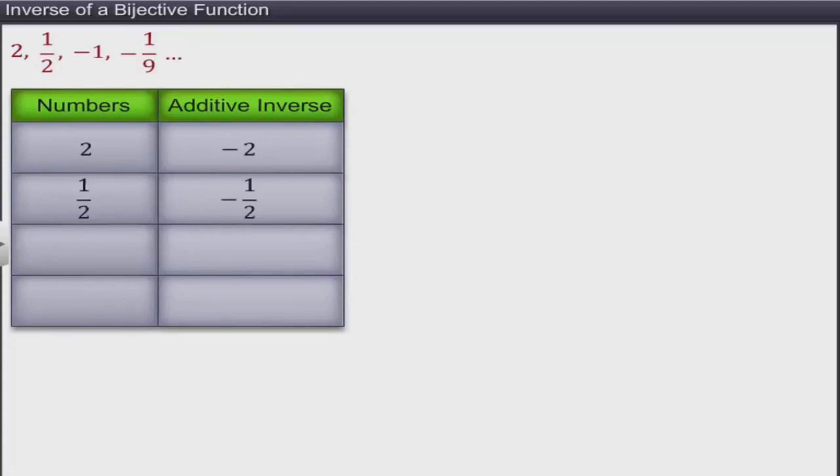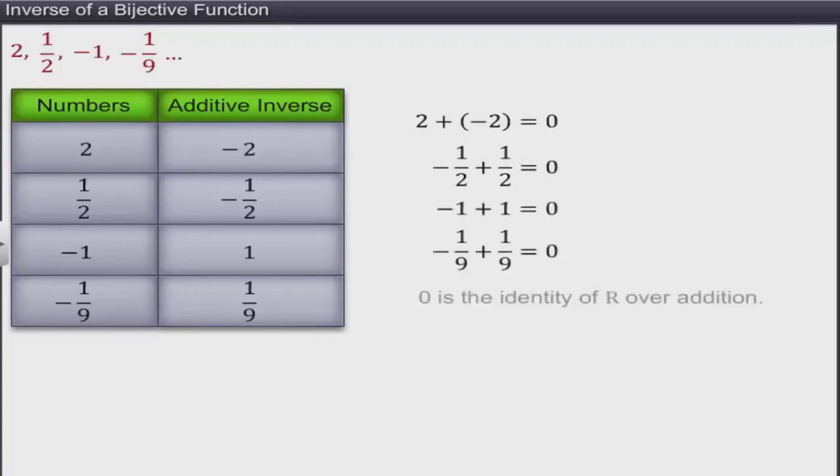The additive inverse of -1 is 1, and the additive inverse of -1/9 is 1/9. It is to be noted that on adding the inverse of a number to it, we get 0, which is the identity of the set of real numbers over addition.